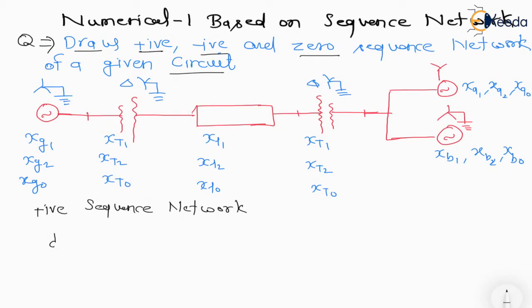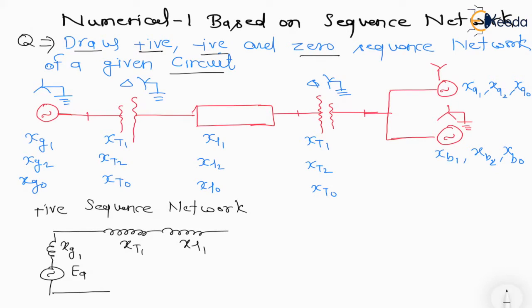So if I draw the positive sequence network of the generator, there will be one impedance xg1, and here one voltage ea, you can say. As I have discussed, this is the sequence network of the generator, and here it will be simply represented by xt1, then again xl1, all the positive sequence values, then xt1.